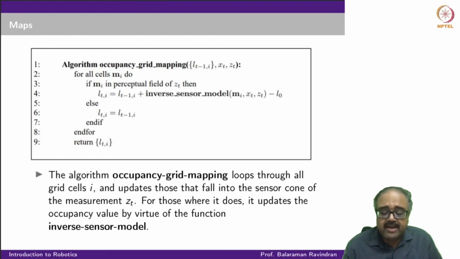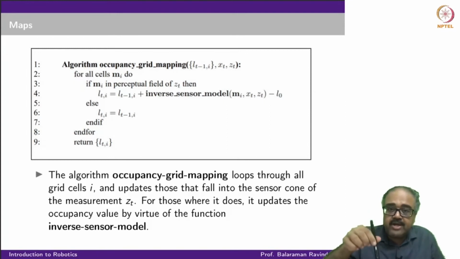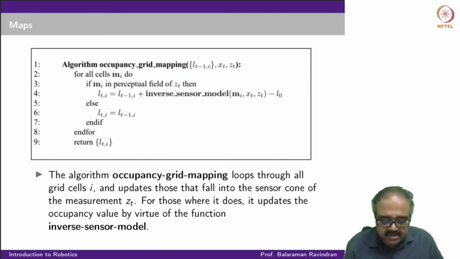Now for all cells m_i, if m_i is in the perceptual field of z_t, what do I mean by that? That means that when in x_t I'm making a measurement z_t, how much of the world can I see at z_t? Depending on what kind of sensing I have, it's not that I'm only looking at the current state I'm in. I could look at a region of the state space around it, as we'll see in the next couple of slides.